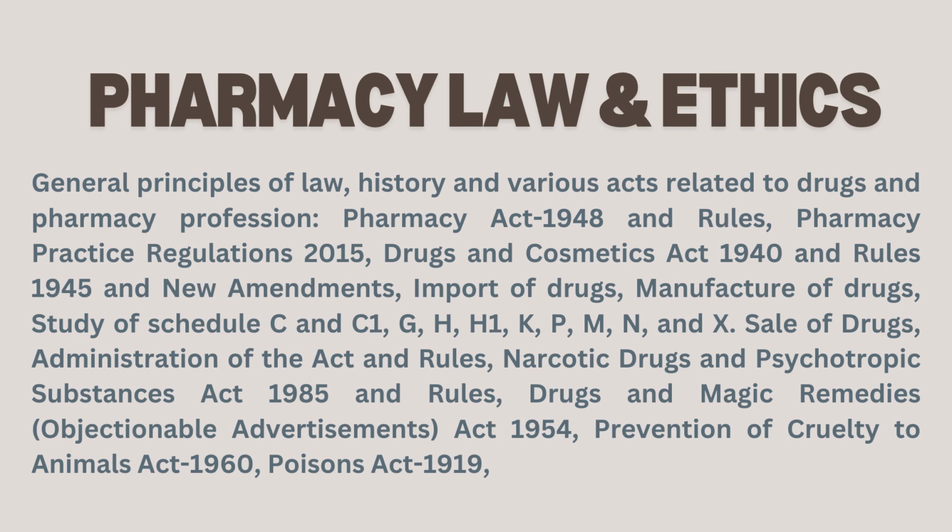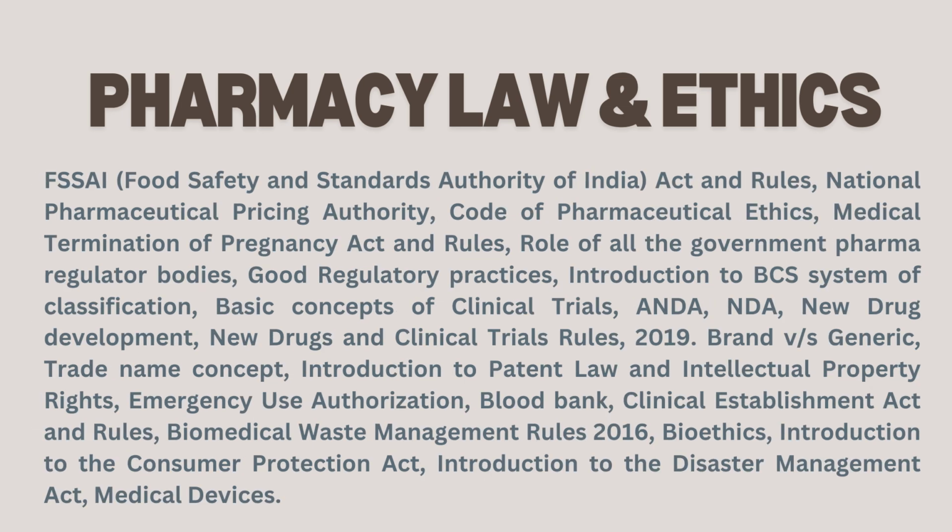Narcotic Drugs and Psychotropic Substances Act 1985 and Rules. Drugs and Magic Remedies (Objectionable Advertisements) Act 1954, Prevention of Cruelty to Animals Act 1960, Poisons Act 1919. In that, FSSAI, Food Safety and Standards Authority of India Act and Rules, National Pharmaceutical Pricing Authority, Code of Pharmaceutical Ethics, Medical Termination of Pregnancy Act and Rules.